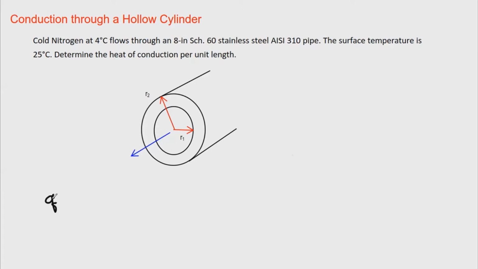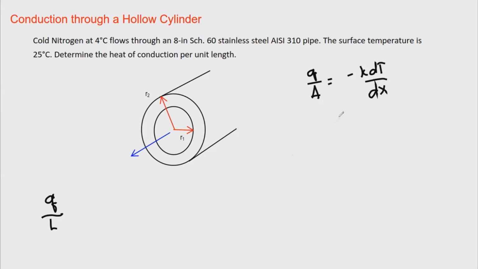Q is simply the heat rate. And if it is per unit length, then we need to find Q over L. In the equation before, we presented the Fourier equation, which is Q over A equals negative K dT over dx.